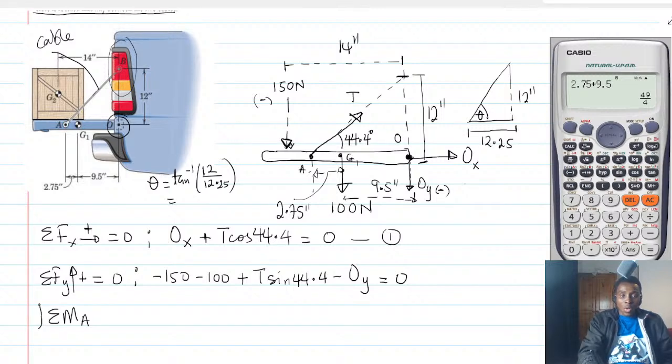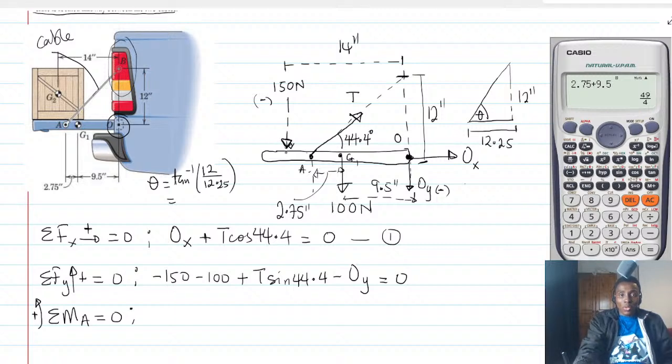Counterclockwise is positive, summing moments about A should be equal to 0, right? Is that right? So let's start. Okay, I think we'll be able to do it.